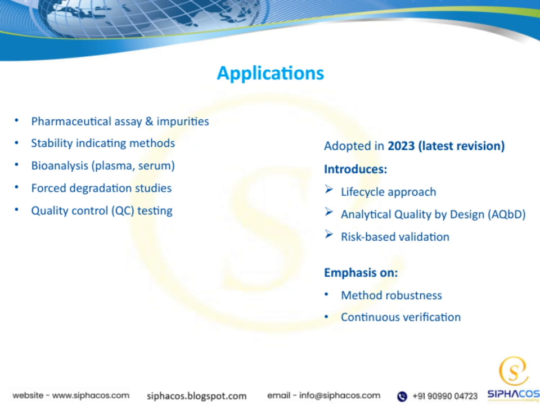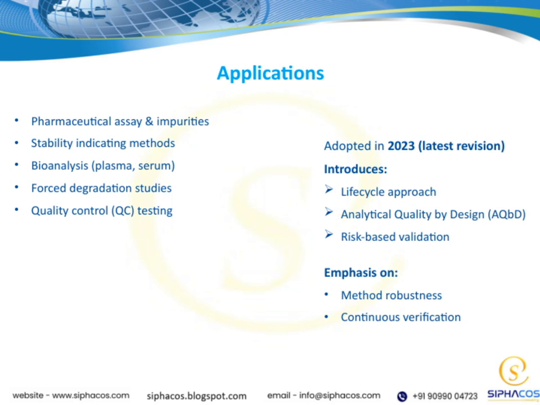When it comes to pharmaceutical assays and impurities, the goal is to accurately measure the active components and detect any impurities that could impact safety or efficacy. Stability indicating methods are designed to assess how the product holds up over time under various conditions, giving us confidence in shelf life and storage requirements.